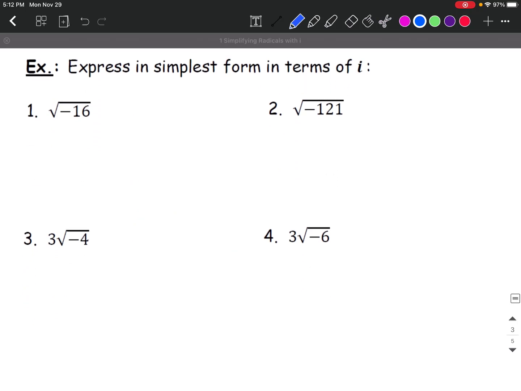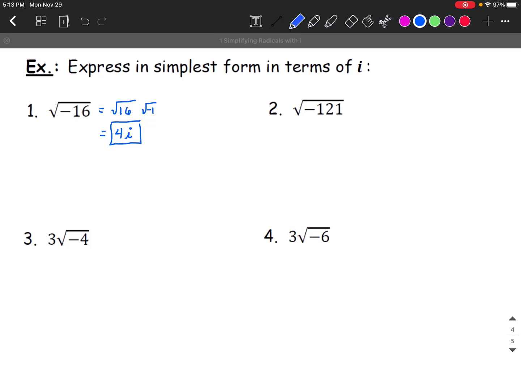So now we're going to take what we did in the last unit and combine it with the imaginary numbers. So if I want to find the square root of negative 16, that's like doing the square root of 16 times the square root of negative 1. We know that the square root of 16 is 4, and we just learned that the square root of negative 1 is I. So our answer is 4i.